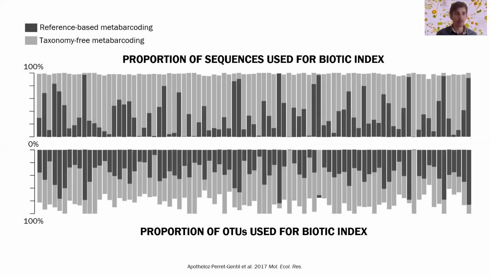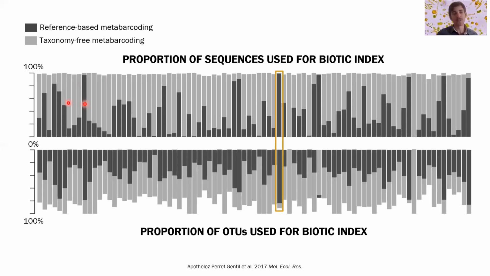Just comparing reference-based to taxonomy-free metabarcoding, we can see here that the light gray is taxonomy-free versus the darker gray, which is reference-based, that for the proportion of sequences that can be used in the biotic index, as well as the proportion of OTUs, taxonomy-free uses most of the data across the board, whereas reference-based does not.